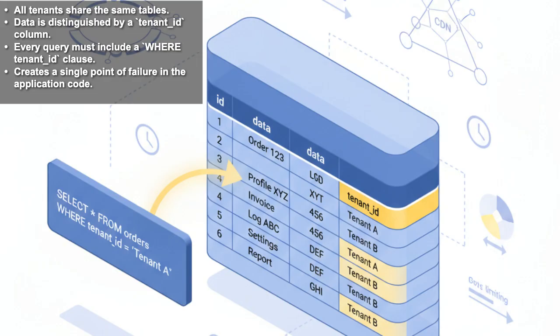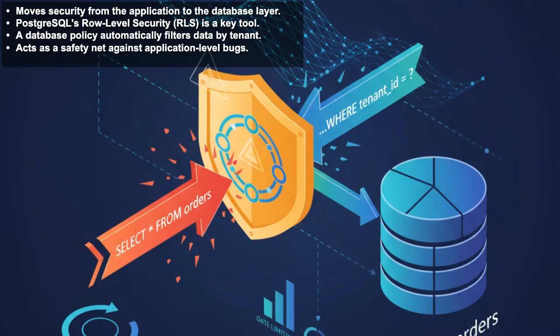Second is the shared database separate schemas model, which provides a logical barrier within a single database instance. And third, the separate databases per tenant model, offering maximum isolation. This choice is not purely technical, it's a strategic business decision that directly impacts your unit economics, your compliance capabilities, and the velocity of your engineering team. We'll now examine each of these in more detail.